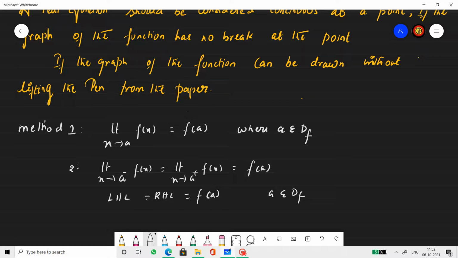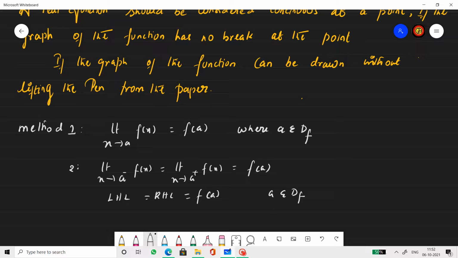Now, if left hand limit is equal to right hand limit is equal to f of a, then it is said to be continuous at a. If limit x tends to a is equal to f of a, then it is also said to be continuous. Now, why should there be two ways of doing this? Well, in questions where the left hand and right hand limits don't make any difference, we'll be doing only method 1.